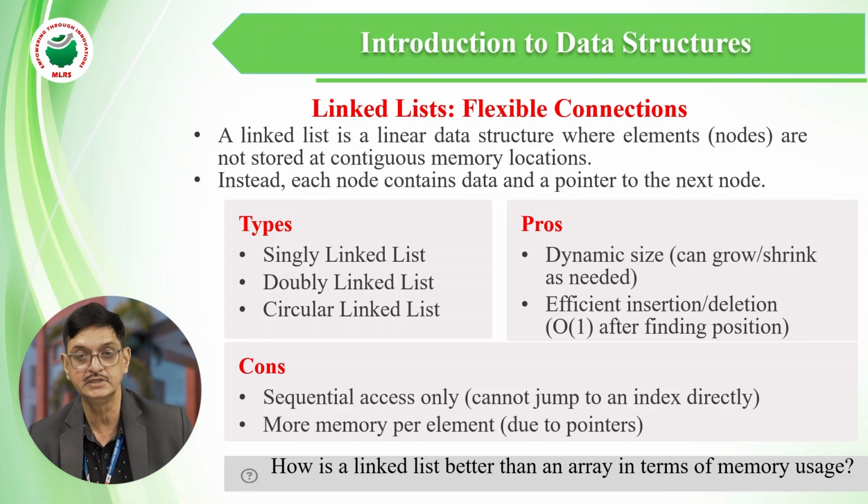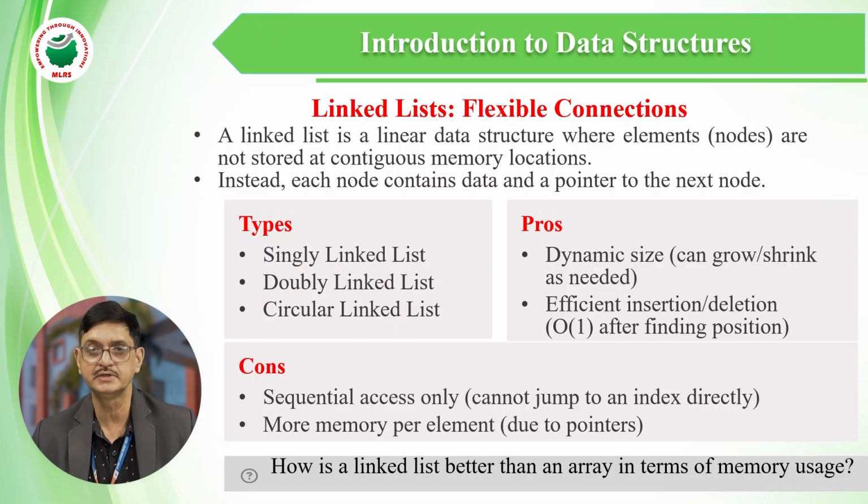So an element can be created anywhere, and we can acquire as many elements as we want. We can connect one element with another using the links. Whenever an element is not necessary, we can shrink the list, or remove that particular element.